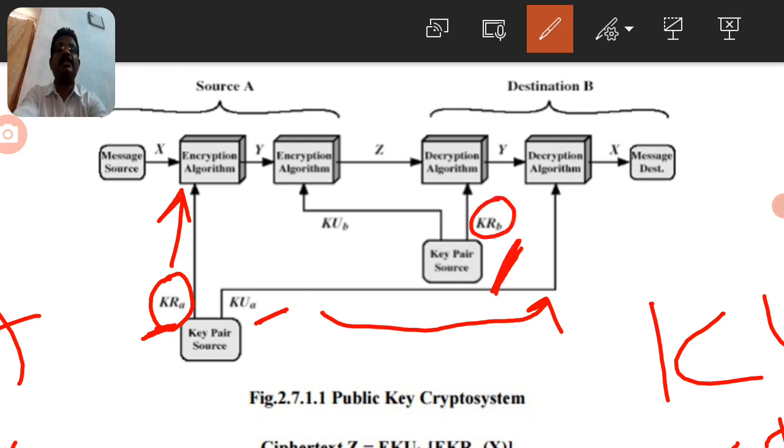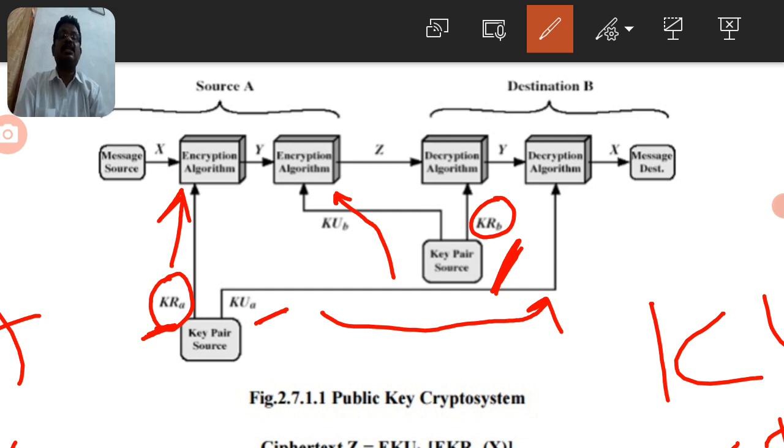He keeps his private key inside and distributes his public key to user A. So user A generates a pair of keys, user B generates a pair of keys, user A distributes his public key to user B, and user B distributes his public key to user A. Each end user distributes their public key and keeps their private key inside. So two messages are generated here.